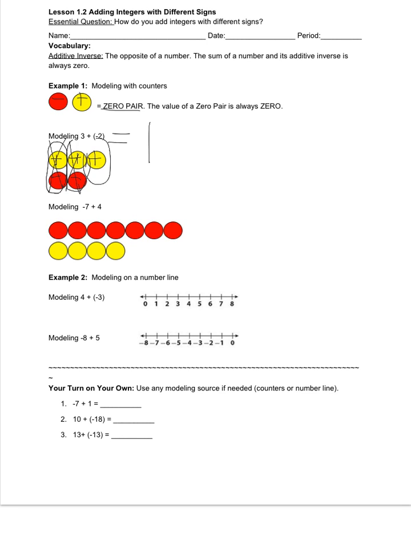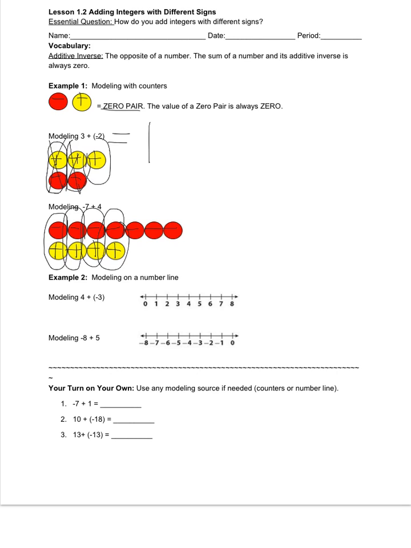For a second example, we have negative 7 plus 4. We have 7 negatives and 4 positives. So let's start by getting rid of our 0 pairs. So 1 negative and 1 positive, 1 negative and 1 positive, and so forth until we have no more 0 pairs.